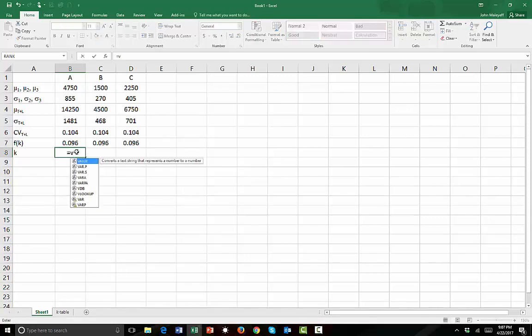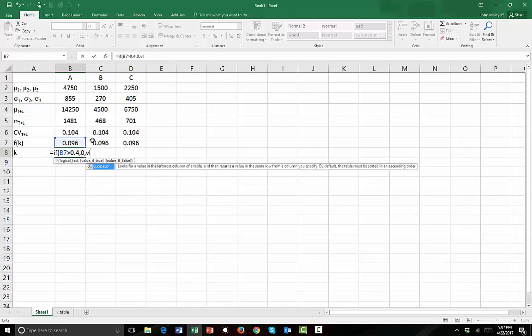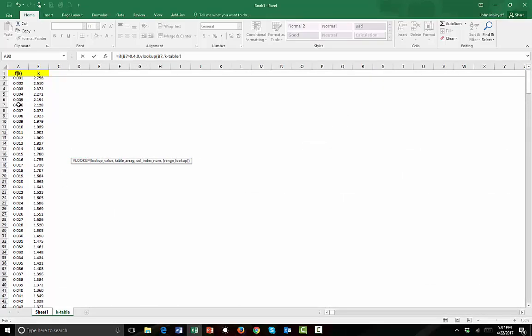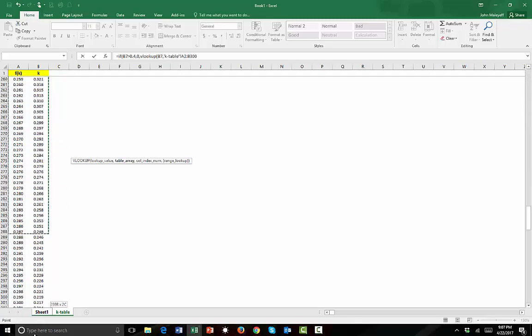So it's a VLOOKUP. And remember, if we want to be good about this, we want to say if the f of k is greater than 0.4, make it equal to 0. Otherwise, make it equal to the VLOOKUP of f of k, comma, and then we want to grab the whole table, not with the headings.